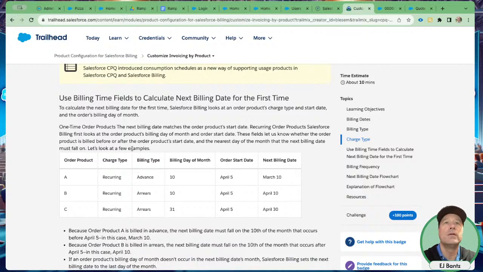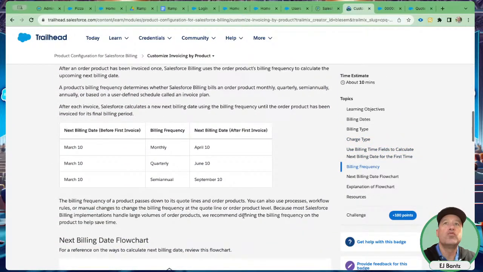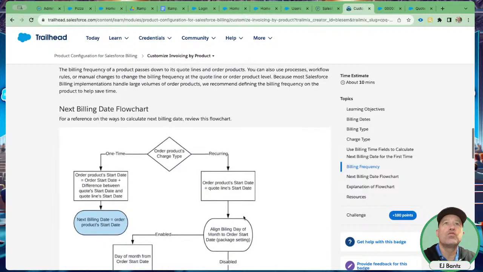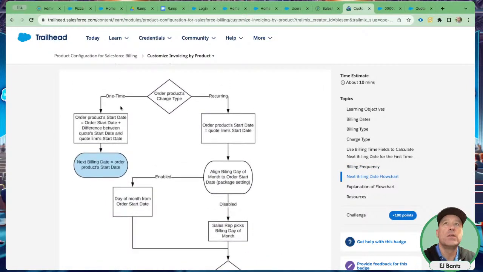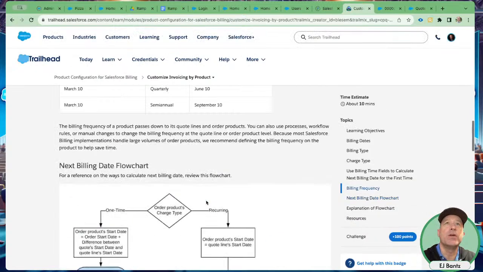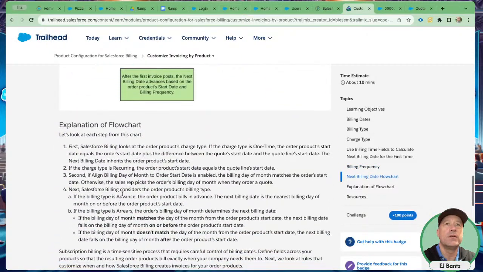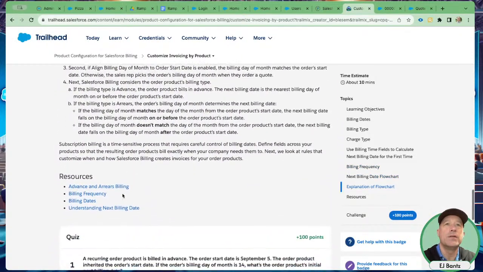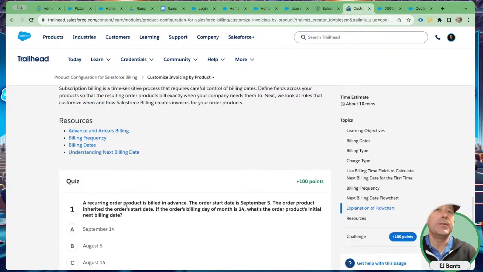Okay. Gosh. It's complicated if they have to have a flowchart here to describe it. Oh, jeez. I don't know, it's a lot.